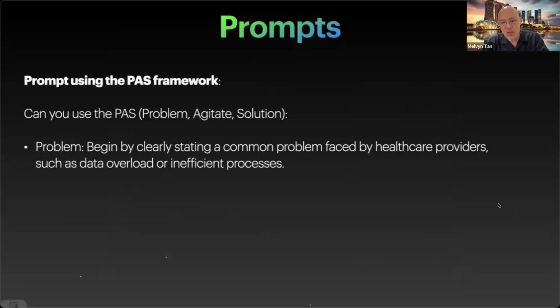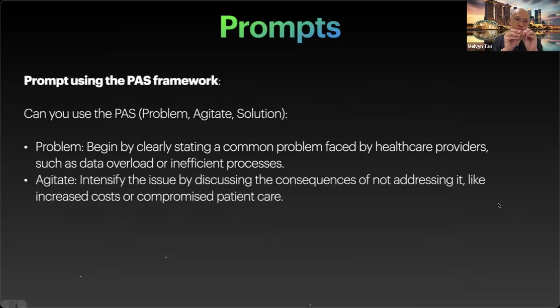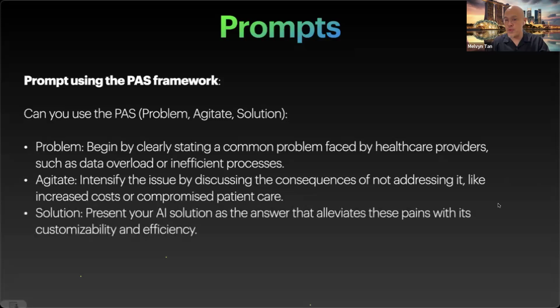You can prompt it even more, or you can just say, write me an article on AI for older folks, or AI for senior citizens, and then say, use the PAS framework to write this article, and it will be able to do that. Try that out. It's really, really amazing.